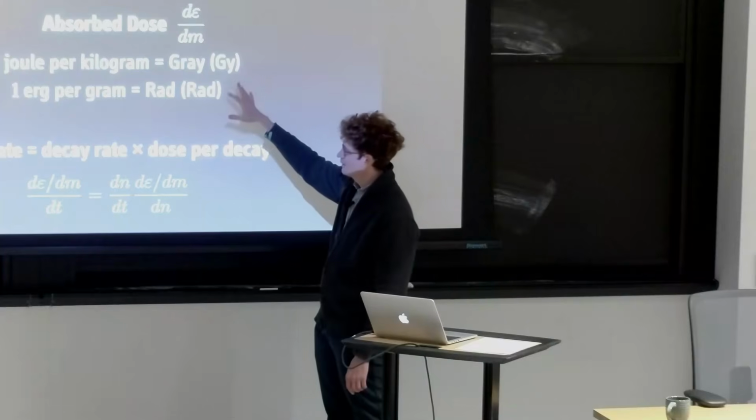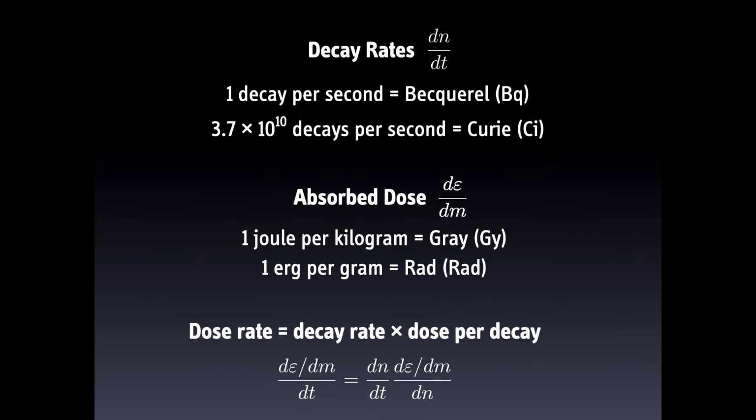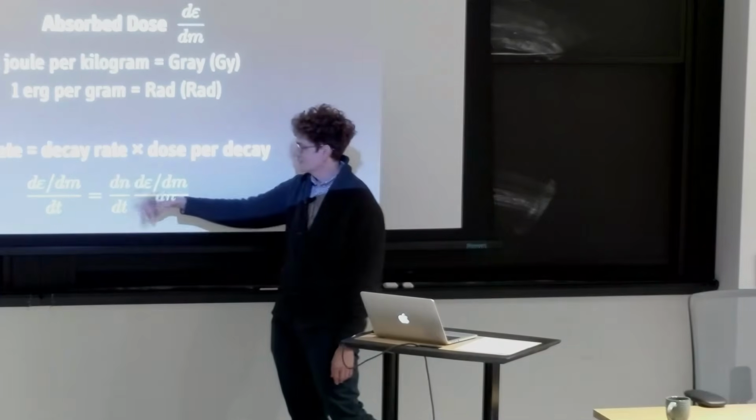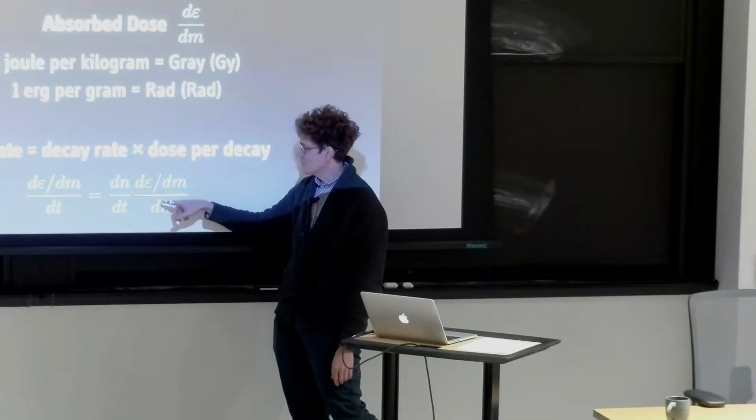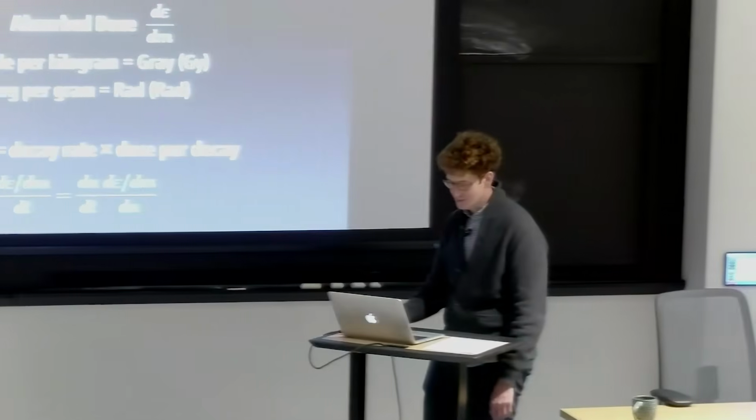And then you can calculate essentially the dose per decay, and that gives you a dose rate, right? So you have your decay rate, and then you need some measure of your dose per decay, and we'll talk about how we get that in a second.